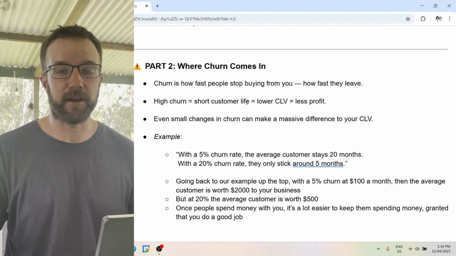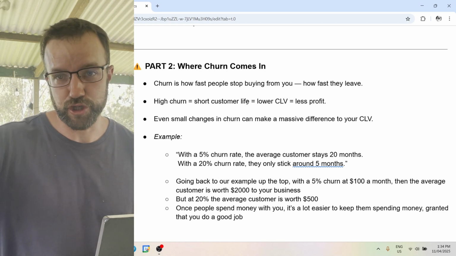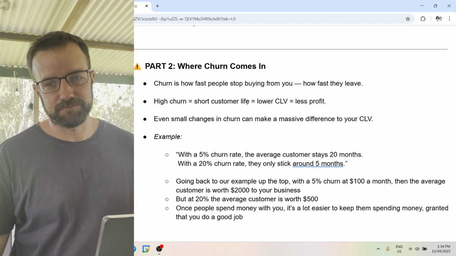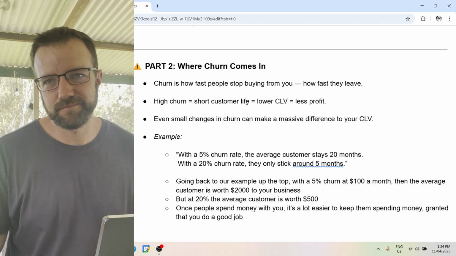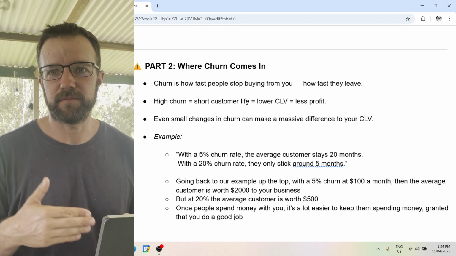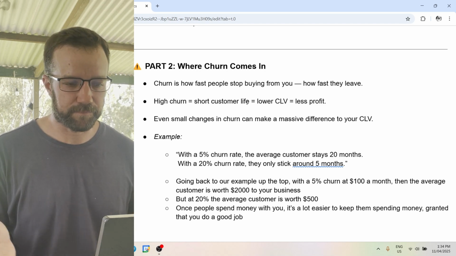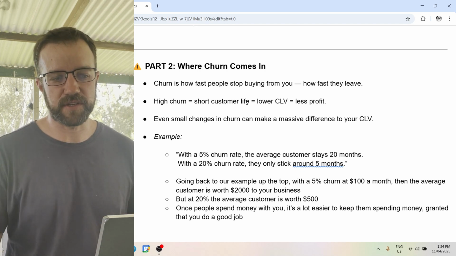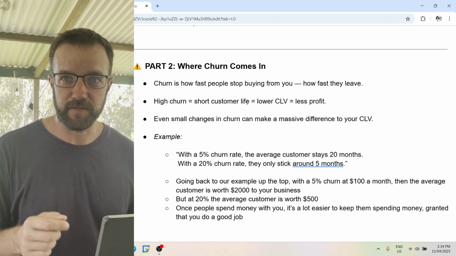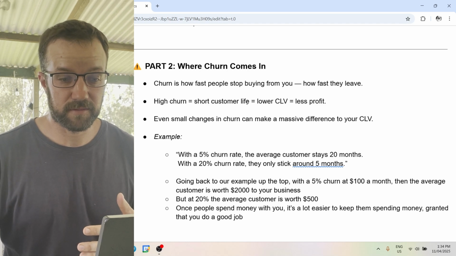Like I said, I don't know. That customer has now churned. They've churned out. They're gone. The chances of them coming back, in a rural area, are probably pretty low because the reputation has been tainted a little bit. So high churn equals short customer life, which equals lower customer lifetime value, which equals less profit.